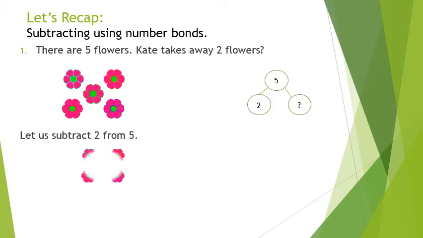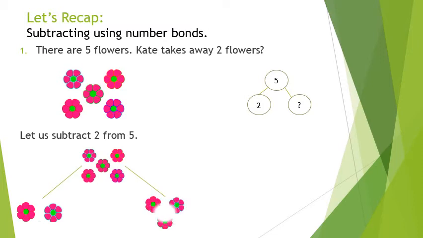Right? See this number bond? 5 flowers. From 5 flowers, 2 flowers are taken away. So how many flowers are remaining now? 3. Okay? Now see this in number bond form.